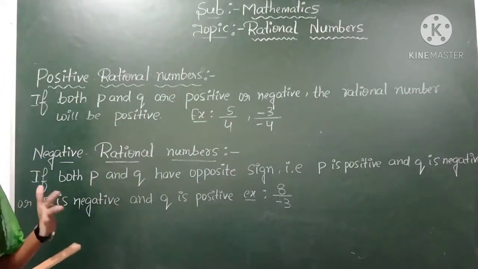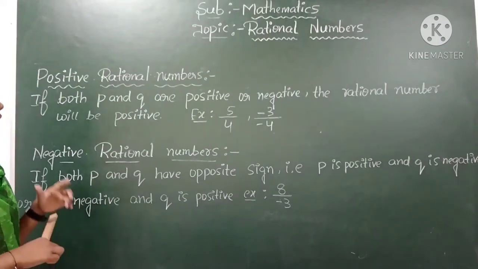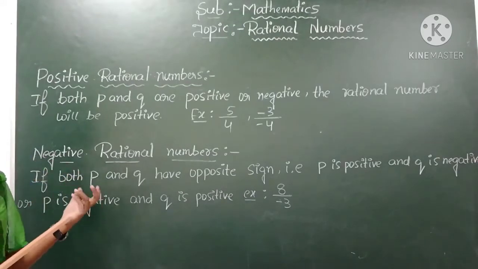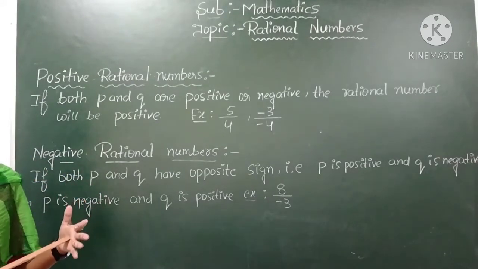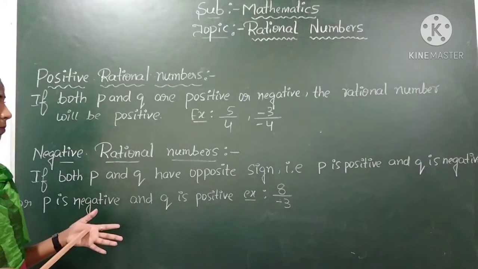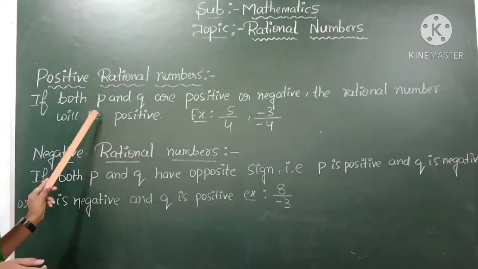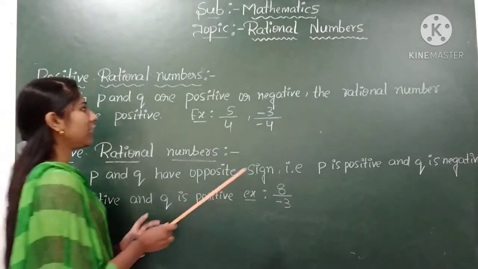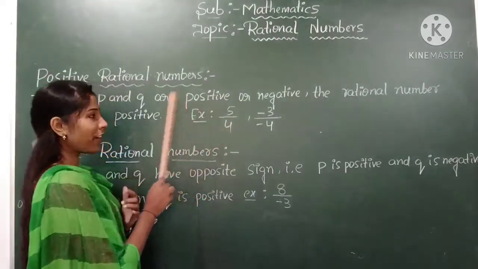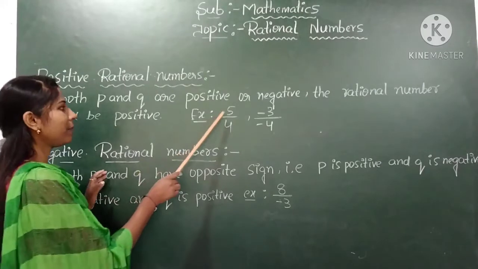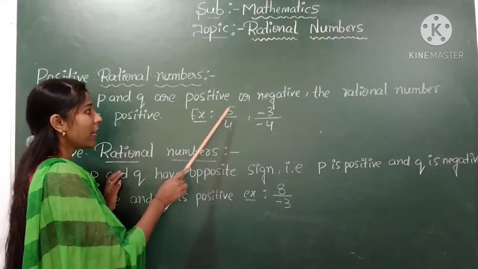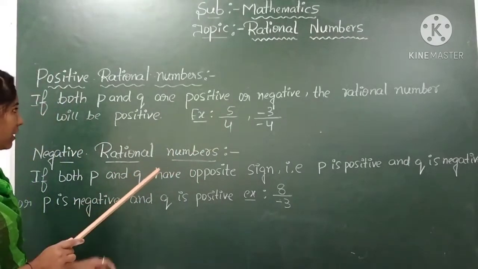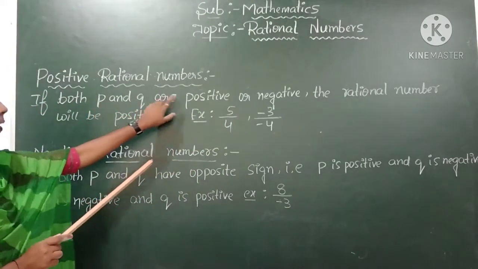Okay, so here what it is telling is that if you are considering a rational number, positive or negative, p and q both are positive. For example, 5 by 4. This 5 by 4 is in the form of p by q. Here both p and q are positive.